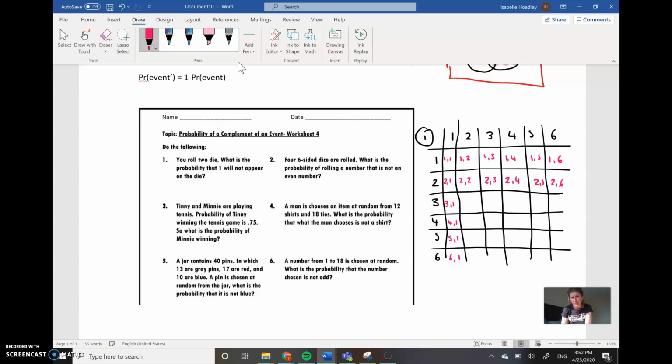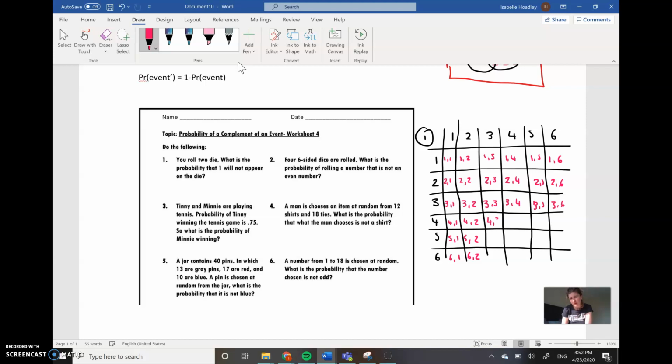We're going to do the rest of the 2s. So that's 3 and a 2, 4 and a 2, 5 and a 2, 6 and a 2. Alright, now for 3s, we're going to have 3, 3, 3, 4, 3, 5, 3, 6.